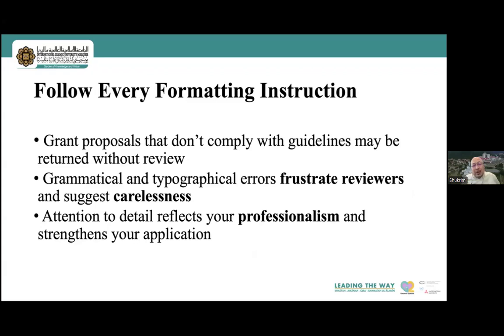So how are they going to approve your grant, right? So this is attention to detail, maksudnya attention to detail. Because it can reflect our professionalism and strengthen our grant application. So it looks simple, tapi it's quite significant.